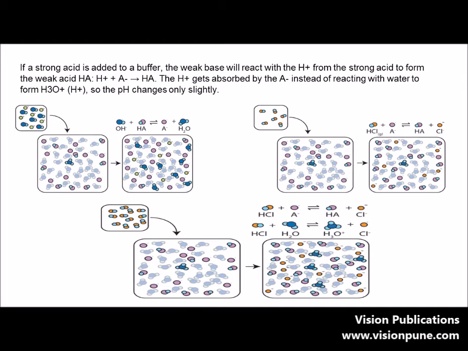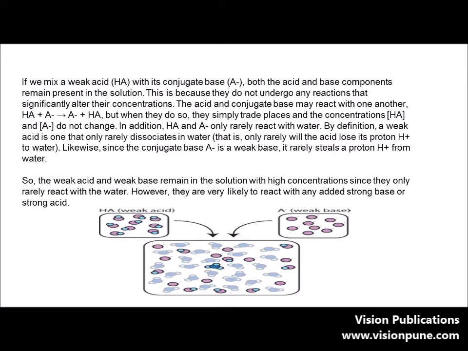So this is the reaction which is going on, and this is the case if we mix weak acid with its conjugate base, and this only takes place when both the acids are weak and bases are not very concentrated. So in case of concentrated acids and concentrated bases, buffers do not form.